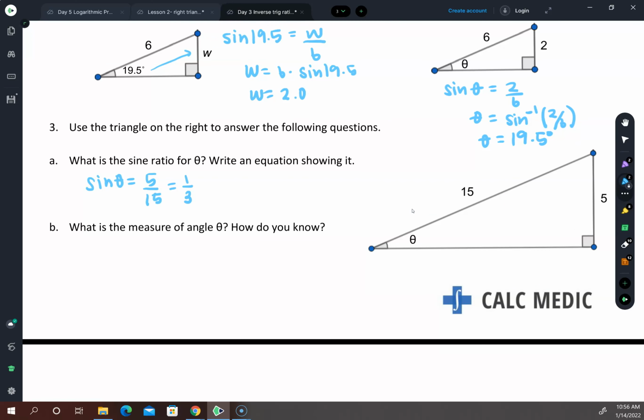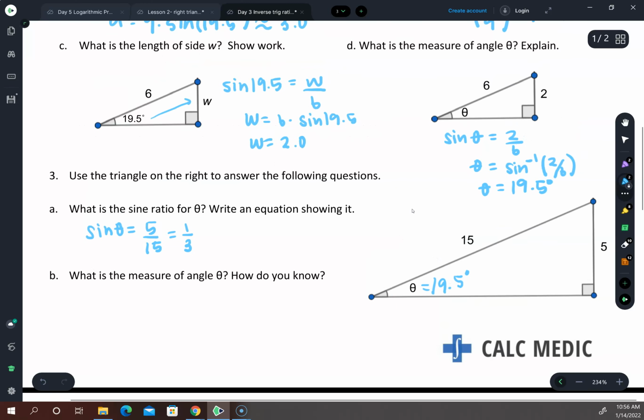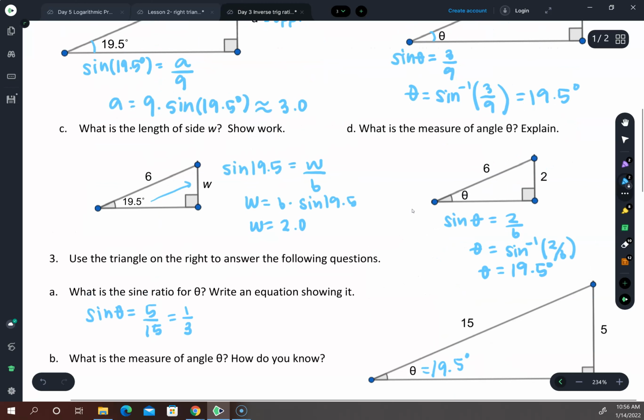So what is going to be the measure of angle theta? Without doing anything, I know that it's got to be what, 19.5, because it's the same factors, it's the same ratio as both of these, right?